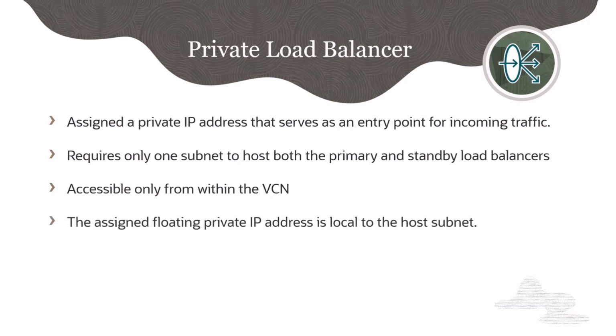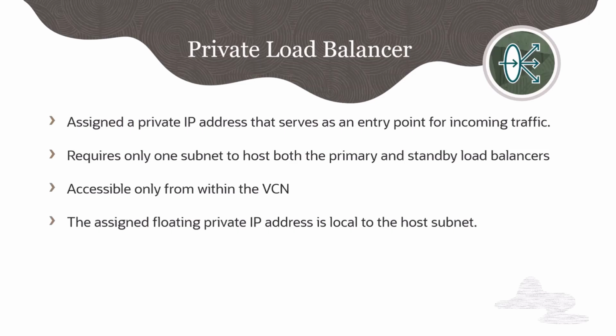In public load balancer, we discussed that there is a concept of floating public IP address. But in case of private load balancer, there will be floating private IP address. So what does it mean? It means in terms of IP address requirement, a private load balancer created in a single subnet is going to consume 3 private IP address from the host subnet.